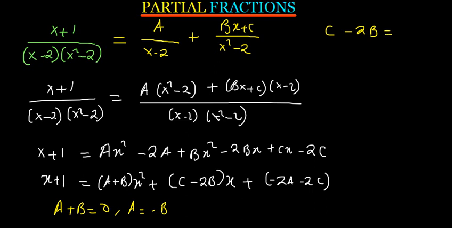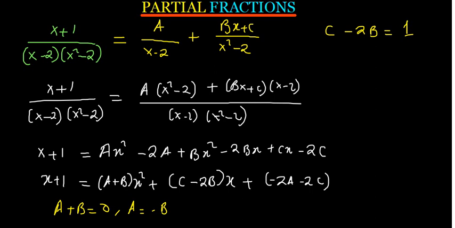C minus 2b is going to be equal to what? So you can see c minus 2b is in front of x. Okay? So you go to the other side of the equation, you find what is in front of x. So what is in front of x? This is the x. What is in front? One. It's a 1. So mean that c minus 2b is going to be equal to a 1.